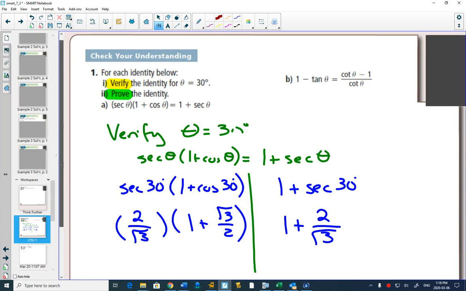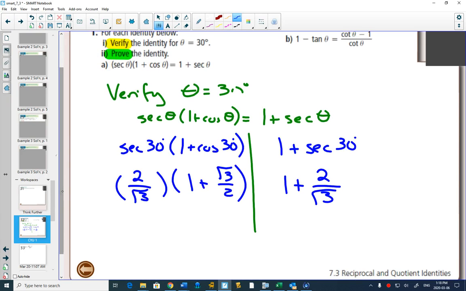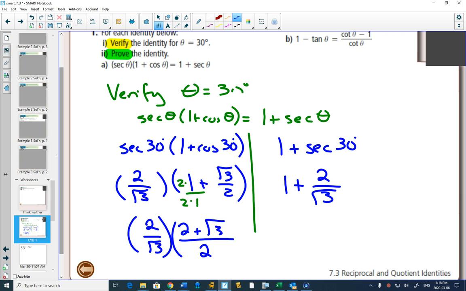Add? Okay. So if I add first, I would need a common denominator, which would mean here, this is 1 over 1, so I'd multiply this by 2 and this by 2. I would get 2 over root 3. Adding these fractions together would be 2 plus root 3 over 2. Correct? Close my bracket.